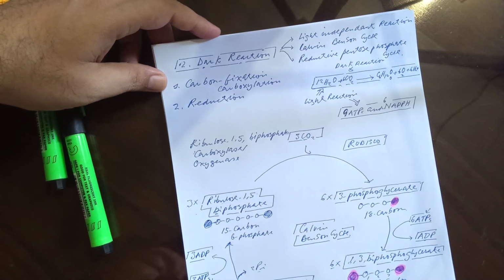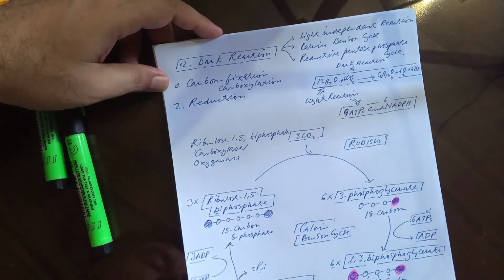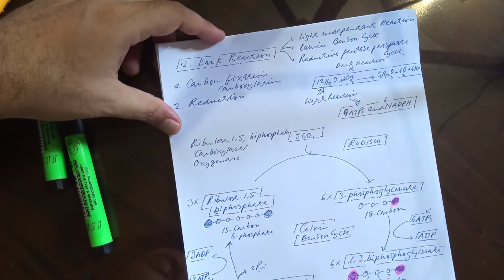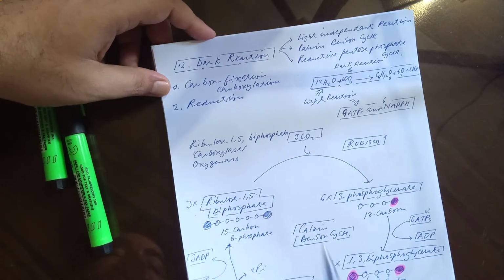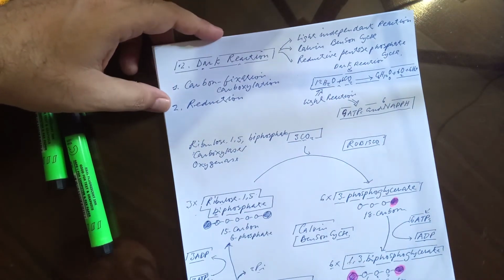So NADPH has given its hydrogen and electron to 1,3-biphosphoglyceric acid and made 3-phosphoglyceraldehyde of it. So this is NADPH going in, which means it's a reduction of 1,3-biphosphoglycerate, and NADP has come out. So it's a reduction phase, step number 2. This half of the reaction is called reduction.